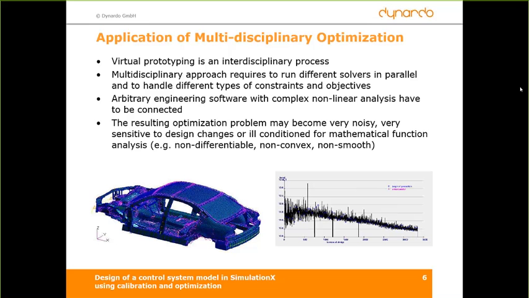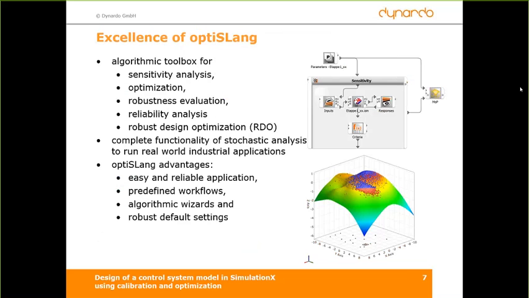With optiSLang, we offer an algorithmic toolbox for sensitivity analysis, optimization, robustness and reliability analysis, and finally, robust design optimization, also called RDO. optiSLang offers the beginner and the expert users an easy and reliable application with predefined workflows.